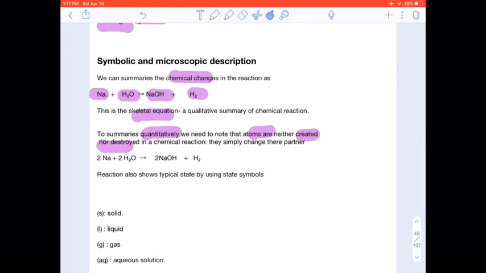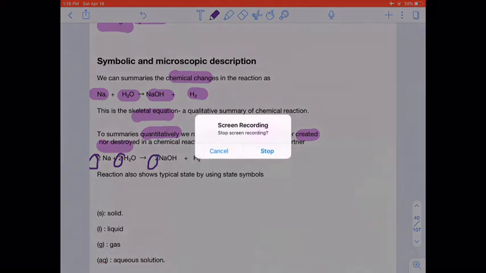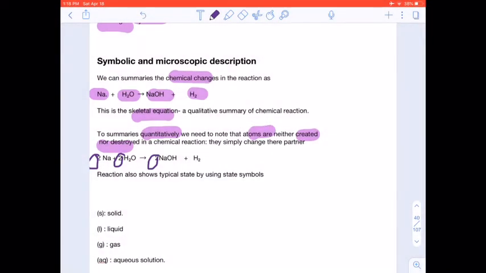There's a coefficient in front here, and we have a coefficient there as well, and a coefficient there as well, which tells us we got 2Na atoms plus 2 H2O molecules, which react to give us 2 NaOH molecules or formula units, and it gives us hydrogen.